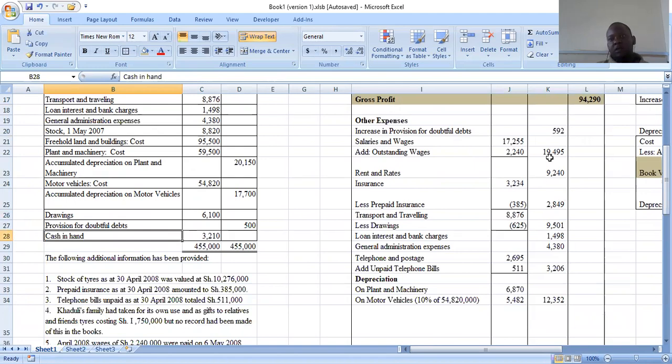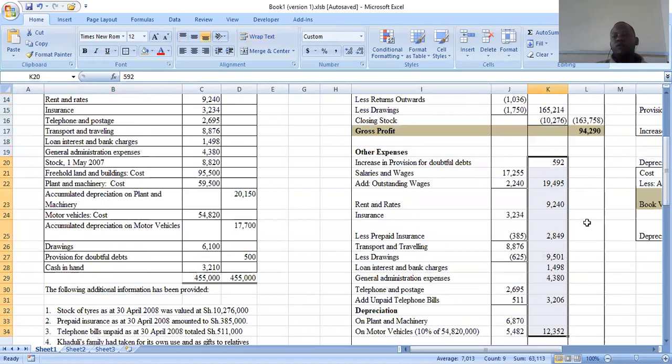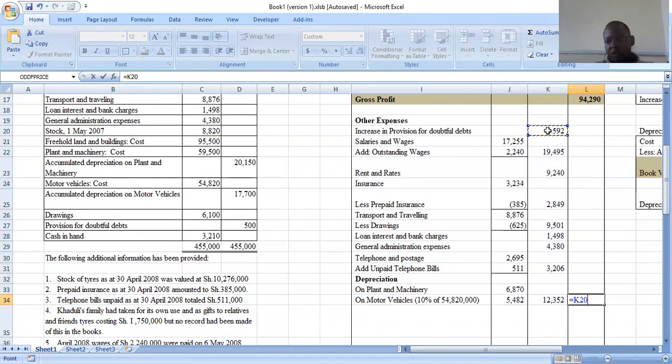So then I get the total of these expenses and deduct them from the gross profit for me to get a net profit. So add all these expenses: 592 for increase in provision for bad and doubtful debt, plus 19,495, plus 92,40, plus that, plus that.